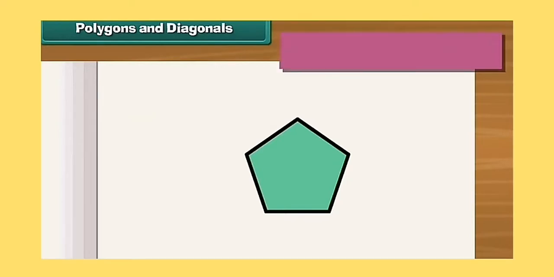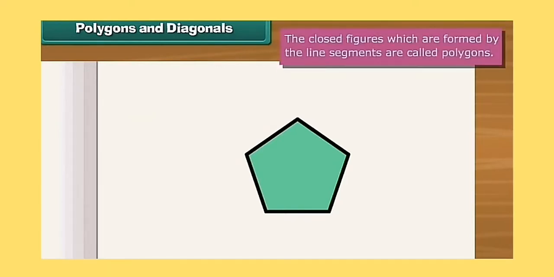And they are called polygons. The closed figures which are formed by line segments are called polygons. You see, the red highlighted part is the line segment.